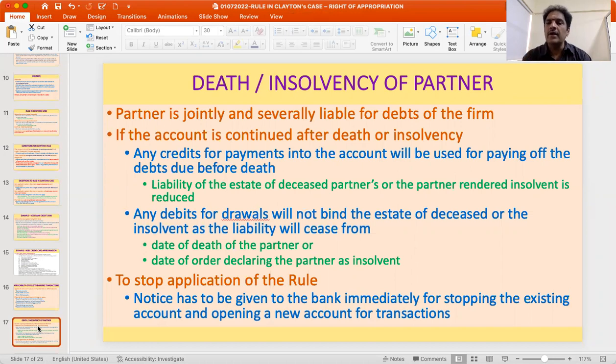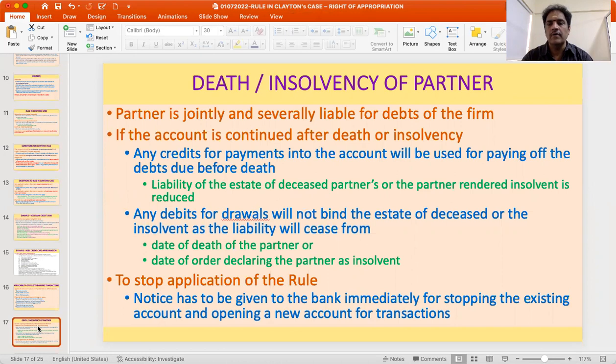So the liability of the estate of the deceased partner, or the partner who is rendered insolvent, will keep getting reduced, because if the account is continuing, whatever payments are made will get appropriated in accordance with the rule in Clayton's case, and those liabilities will get discharged. So the total amount due from the deceased partner's estate will keep shrinking with every payment made into the account.